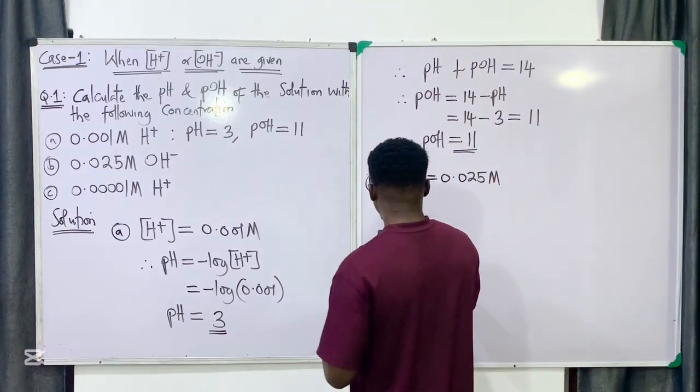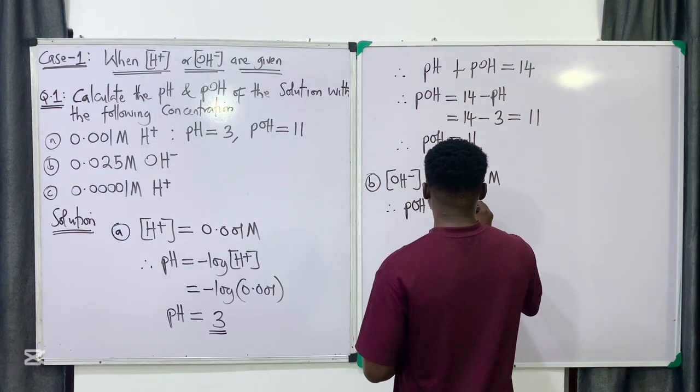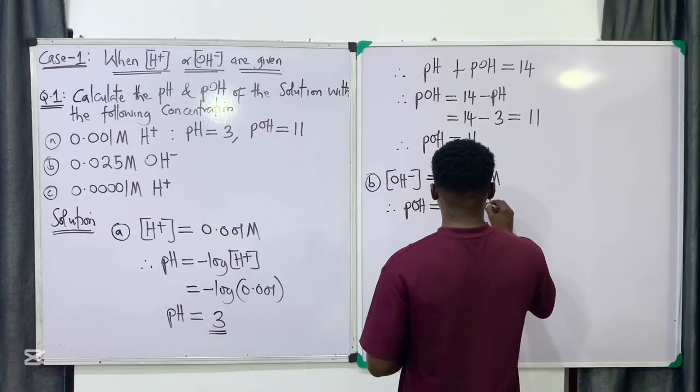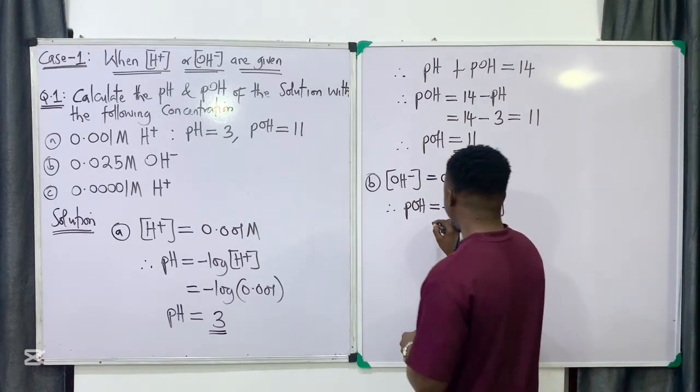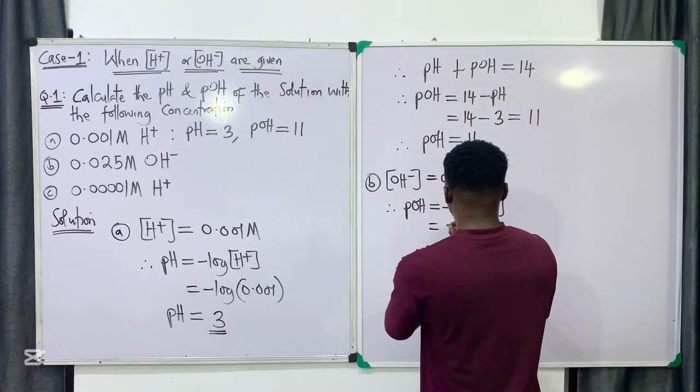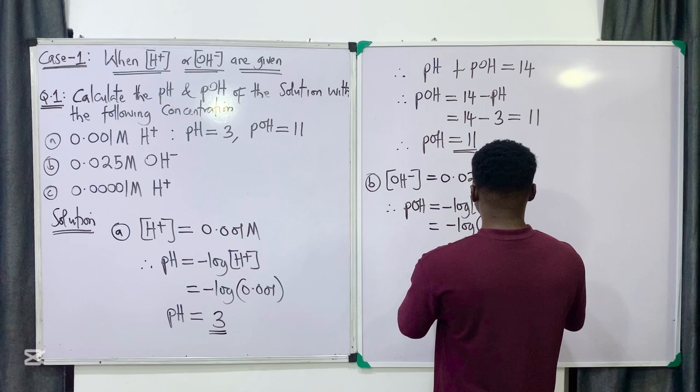So I'll say pOH is equal to negative log of OH minus. So anywhere I see OH minus, I'll put 0.025.